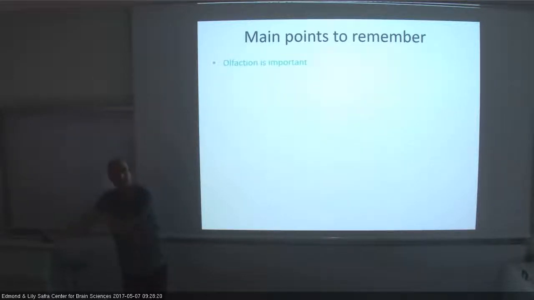Do we know which type of computation or memory recall is done in the bulb itself versus the cortex? Some of the computations that we think of, as I mentioned several times, are concentration invariance. Another thing is plasticity, probably related to suppression of specific mitral cells. I will mention this in the next slide.